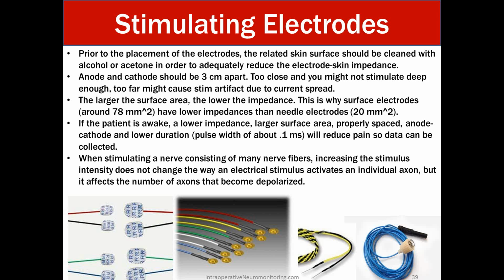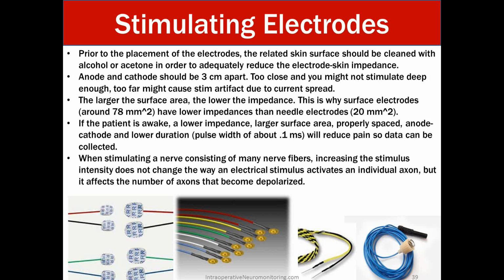At that point, you might want to turn down your pulse width a little bit. Make sure that you have a low impedance by really scrubbing their wrists and ankles to get that dead layer of skin off, and use a larger stimulating pad if you have that option, and make sure you get that good 3 centimeters apart.